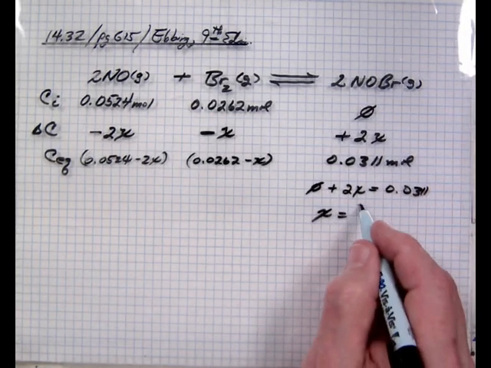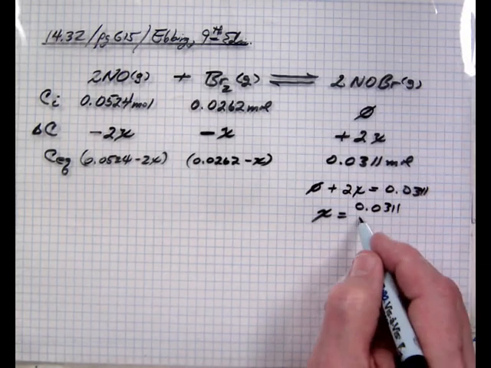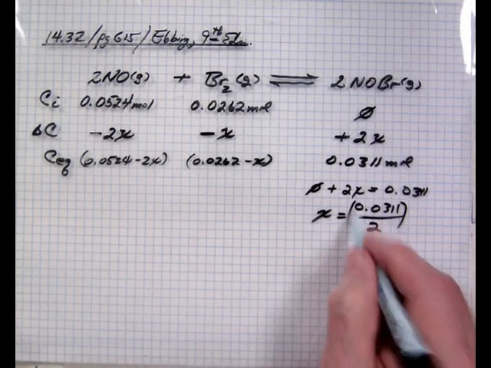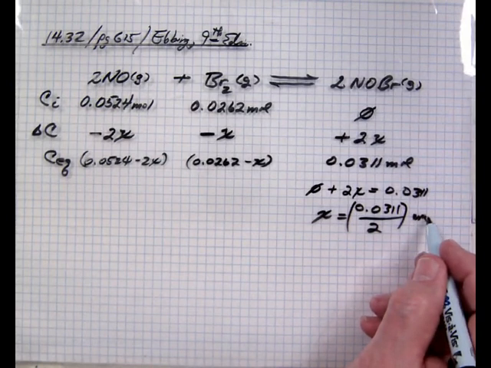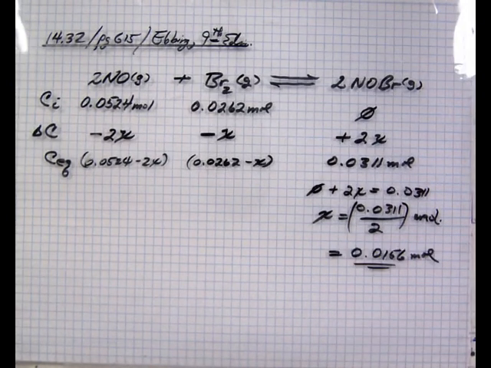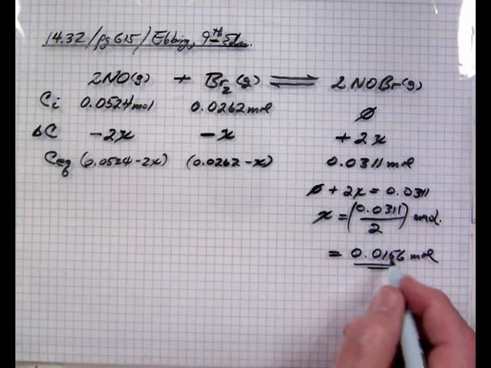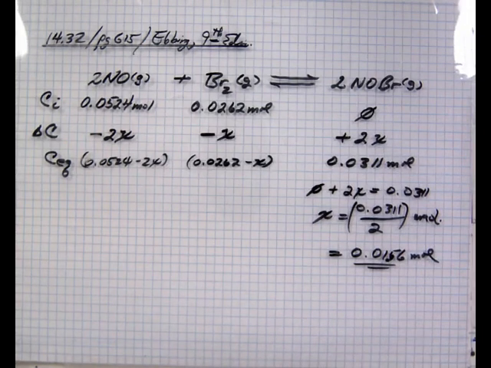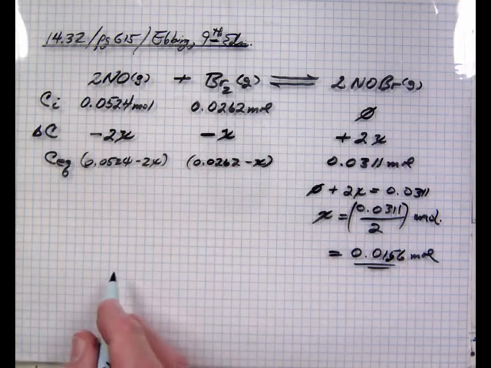Solving for x, 0.0311 divided by 2 is 0.0156 mole. Of course, since that is x, we can simply apply it to the equations in the change blocks and compute the equilibrium amounts.